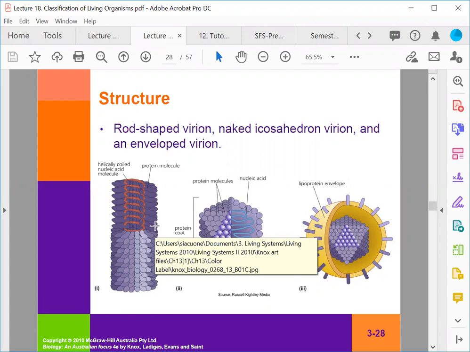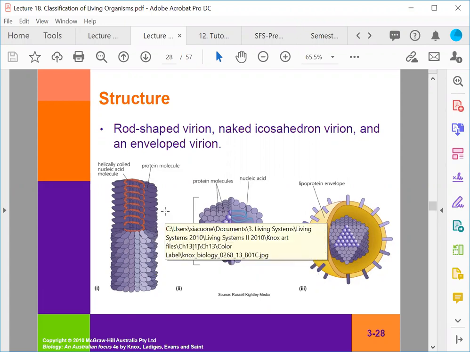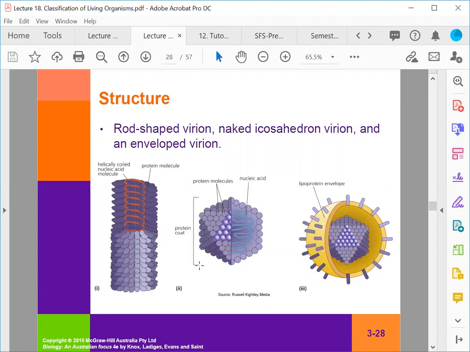So this would be the extracellular form of the virus. That is the way that you would find it in the environment. But inside an actual infected cell, you wouldn't find this complete virion. You would just find the genetic material, that is the DNA or the RNA, inside the infected cell. All right, so that's rod-shaped.